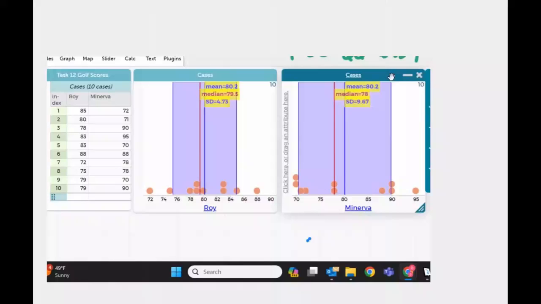But somebody else might say, Minerva has the lowest score. Her scores are actually lower, which is what you want in golf. As long as you can back up your reasoning, that is what counts. Okay?